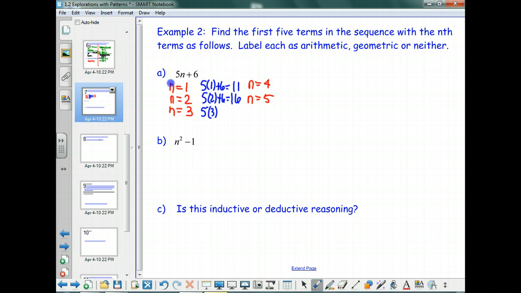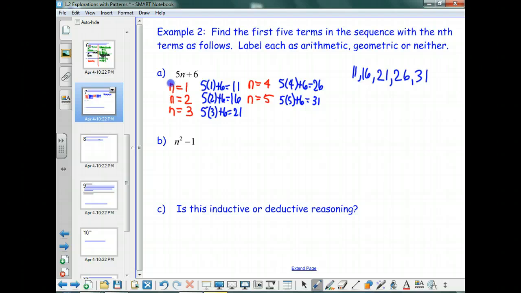What about when n equals 3? 21. N equals 4? 26. And n equals 5? 31. So let's actually write them in list form. So this is 11, 16, 21, 26, 31. Those are the first 5.